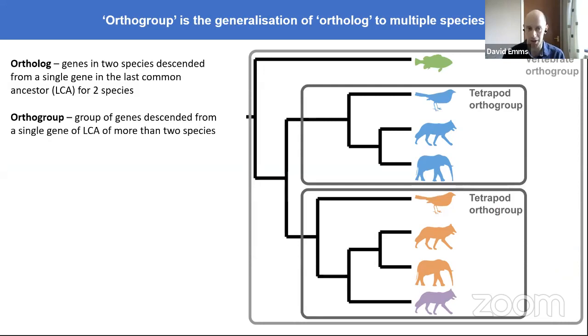So an orthogroup is the group of genes descended from a single gene in the last common ancestor of more than two species. Basically, these are the units we want to use when we're doing comparisons across multiple species, just like orthologs are what we want to use for pairs of species.